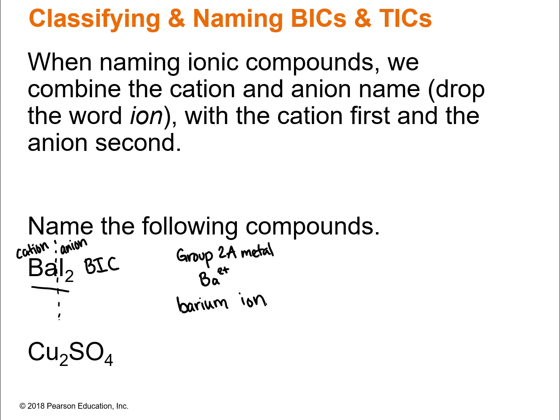Now we have to deal with the I2, the anion. I'll do that in a different color. I'd look up I, and that's iodine, and it is a group 7A nonmetal.